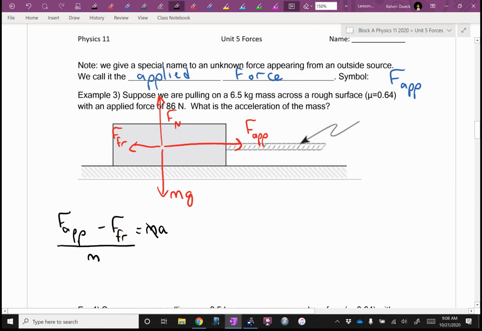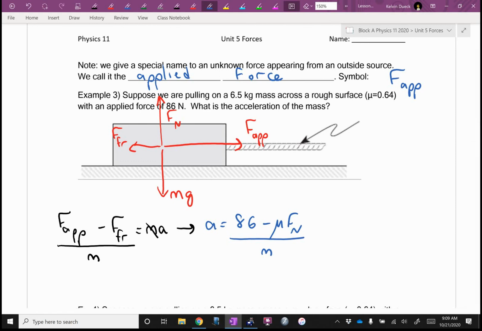Do I know how big friction is? Oh, okay, here we go. So, A equals 86 minus friction, which is what times what? It's on your green sheet. Mu times the normal force. And that's going to be over M. What's mu? I don't know. Did they tell me what mu is? 0.64?